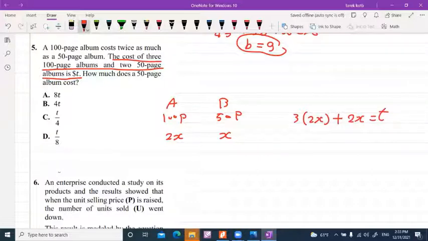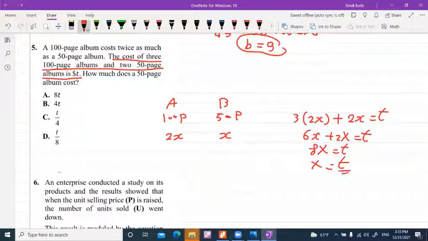So I have to get X in terms of T. This will be 6X plus 2X equals T, so 8X equals T, so X equals T over 8. X is representing the price of the 50-page album, which is T over 8.